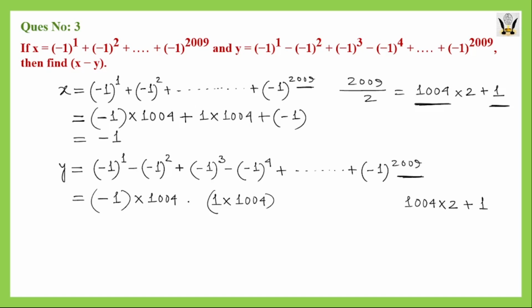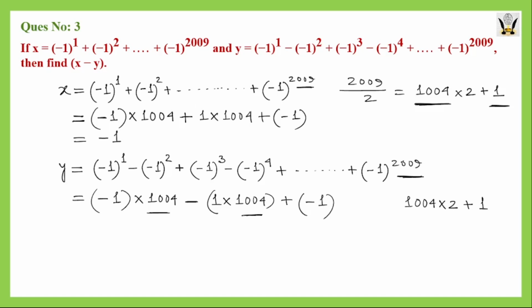So what we can do is take -1, or this negative sign, common, and then inside the bracket we will do the multiplication. So this for all the odd terms, this for all the even terms, and there will be the last term which will again be in the odd position. So for that we will have one more -1, right?